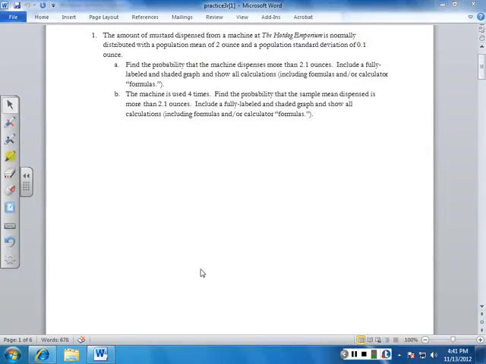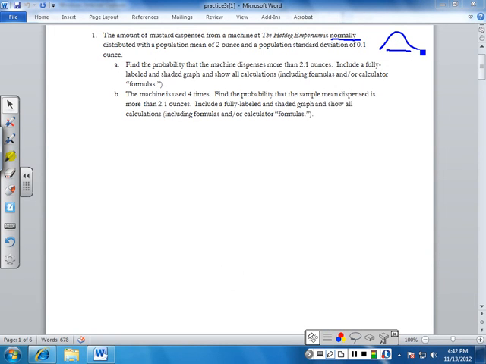Okay, so in this problem, first of all, it says that we have a normal distribution, so we already know we're going to have that shape to begin with.